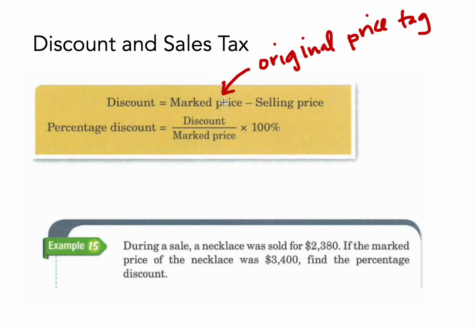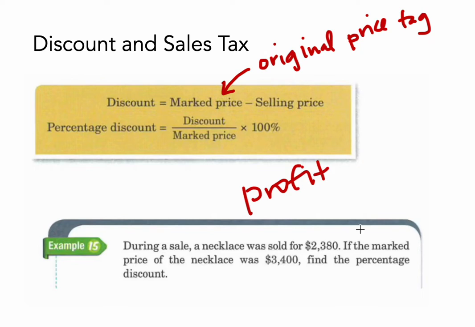So the reason why it's called marked price in a lot of word problems, and actually when you go to the store, is because in order to figure out what price tag to put on the item, they figure out how much the item first costs for them to make it. And then they add on a little bit more so they can make a profit.